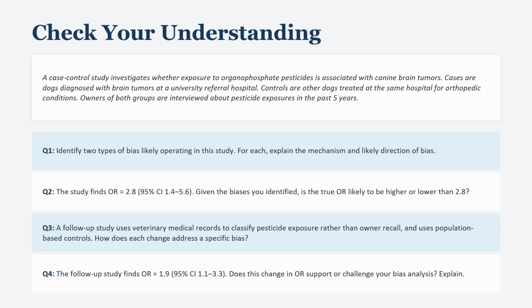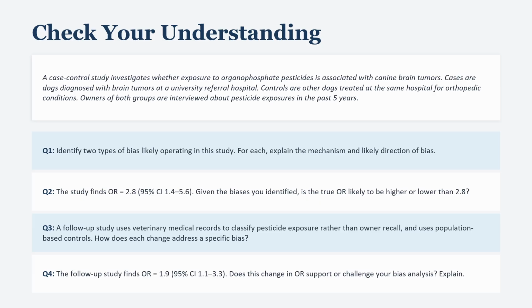Recall bias, information bias. Owners of dogs with brain tumors, the cases, are likely to have thought intensively about what their dog was exposed to, motivated by grief and a search for causation. They may report pesticide exposures more completely and vividly than owners of dogs with orthopedic controls, who have less emotional motivation to review past exposures carefully.